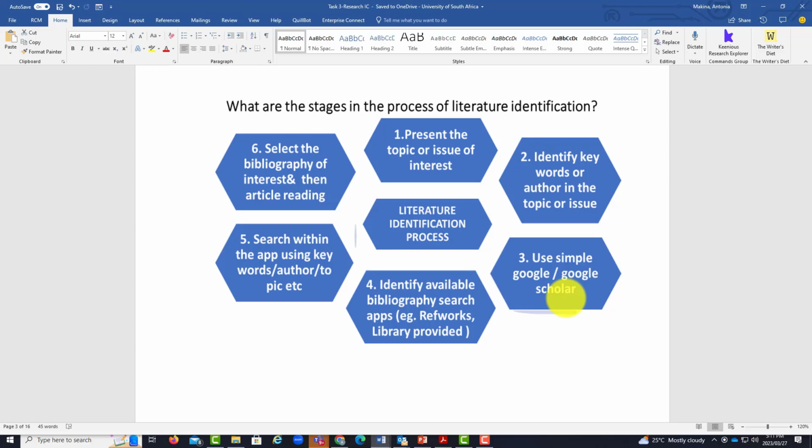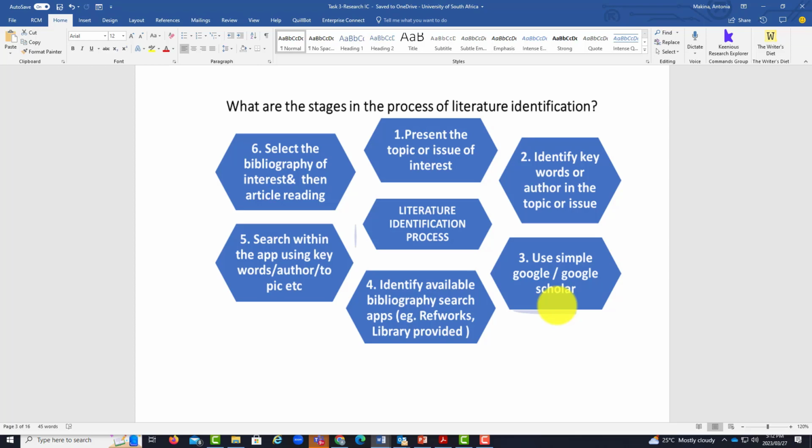I pause here to give some examples of how to use some of these applications to identify literature, as opposed to the general e-portals. I share how a student at a particular university accesses a library catalog.